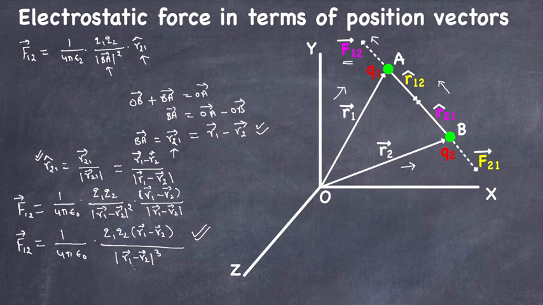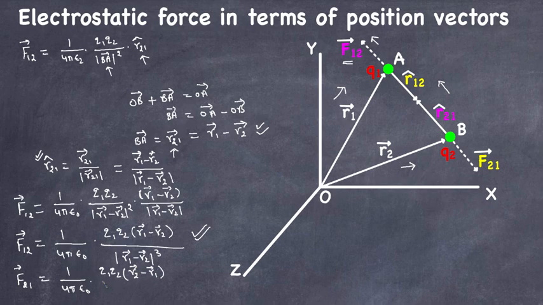Similarly, we can write the equation for the electrostatic force on charge 2 due to charge 1. It is going to be equal to 1 over 4 pi epsilon naught Q1 Q2. The only thing that will be different, these two will switch their place, so this will become R2 minus R1.